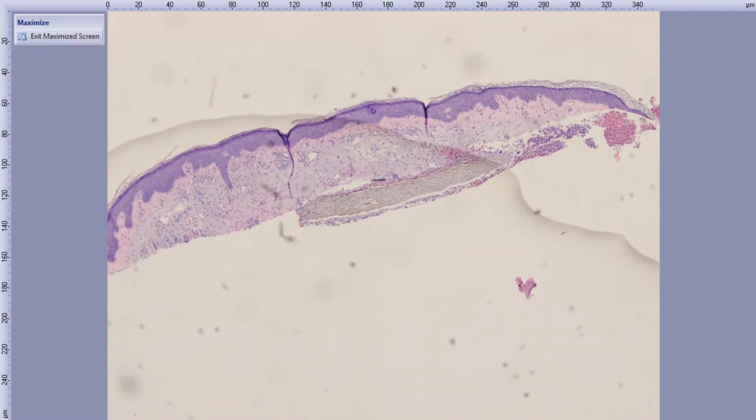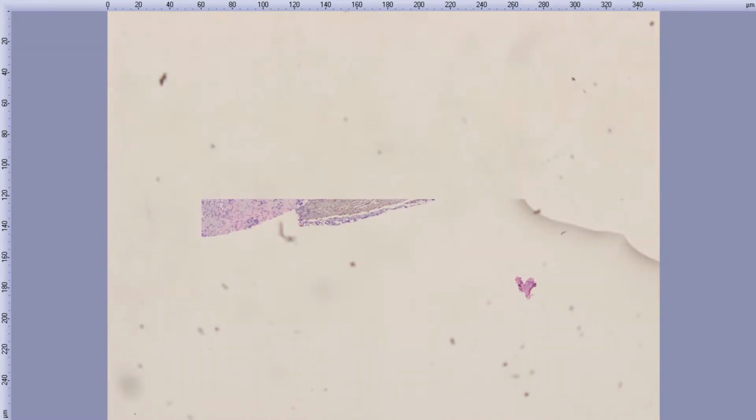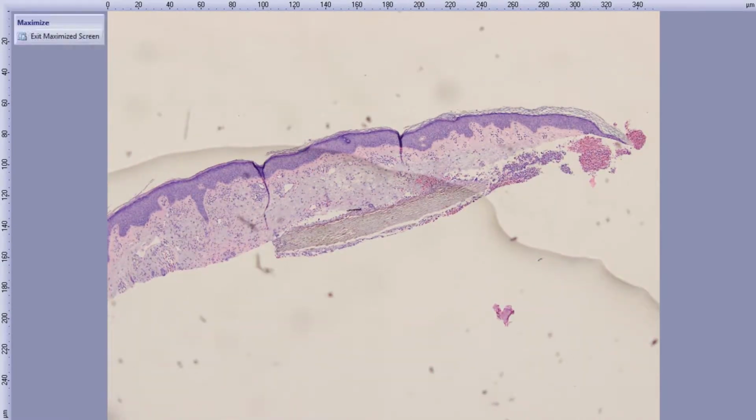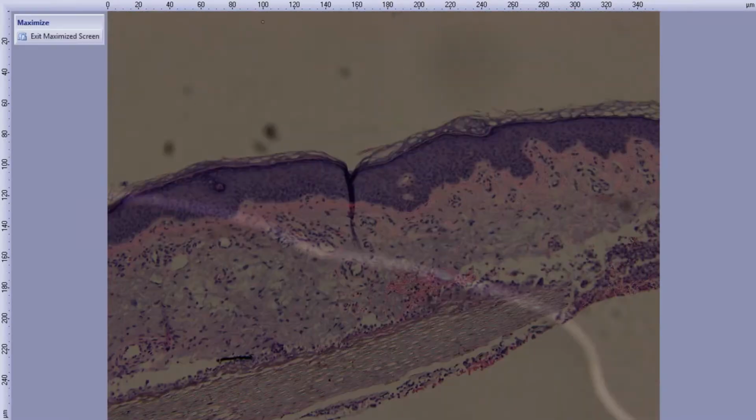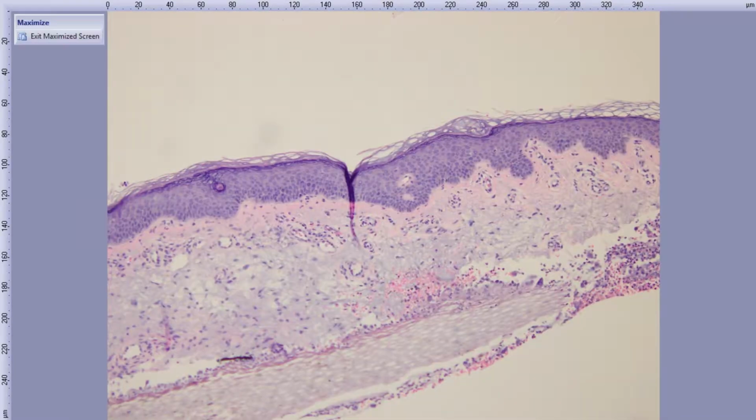Right, and number 17. Sorry, there's a big air bubble there. We'll still be able to see it.